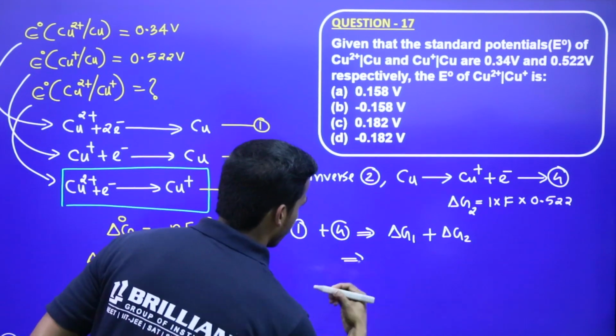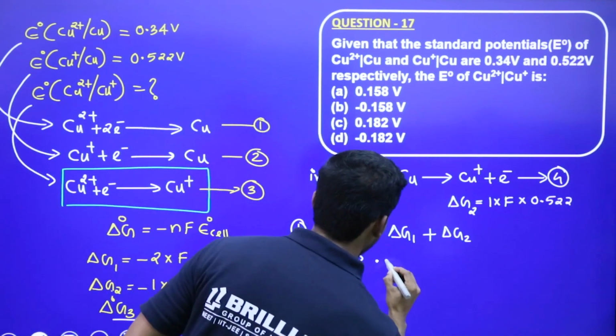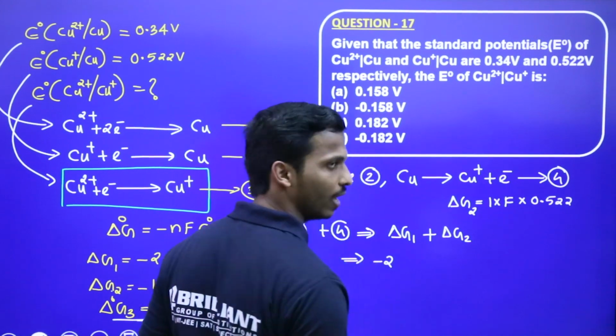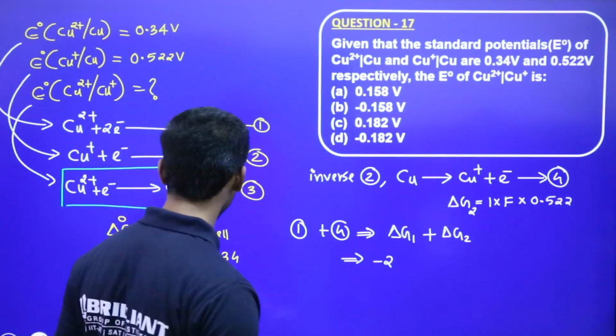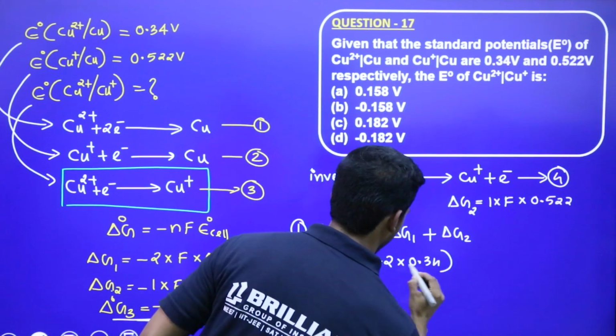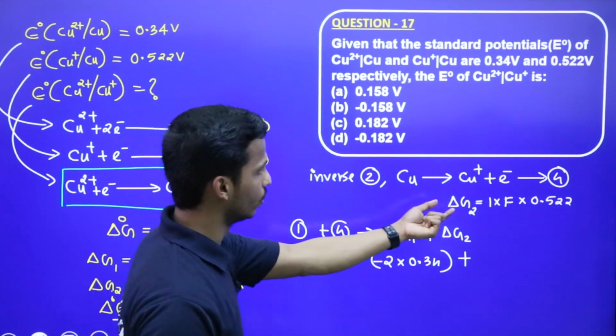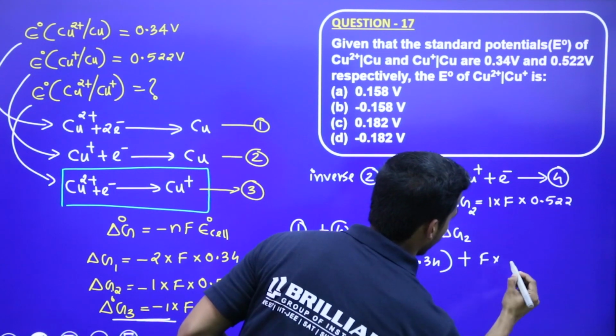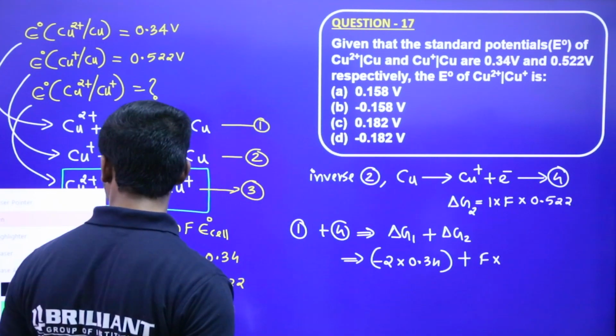So what is delta G1 given? Minus 2 into 0.34. The Faraday will cancel each other, so no need to consider it. Plus, what is delta G2 here? 1 into F into 0.522. I told you F can be cancelled.